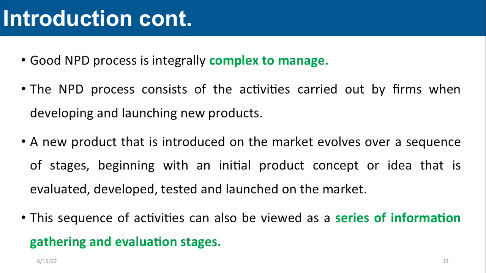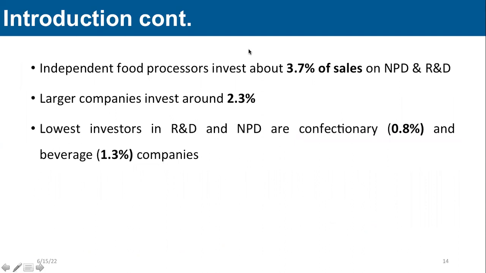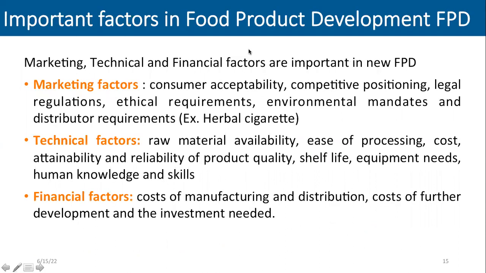Before coming to the market, before initiating your product development, all these factors should be considered scientifically, right? There are some details, so you can read. Three factors, marketing, technical, and financial factors, should be considered carefully. So do you know what the marketing factors are? Consumer acceptance, like the requirement, whether there is a requirement or not, right?